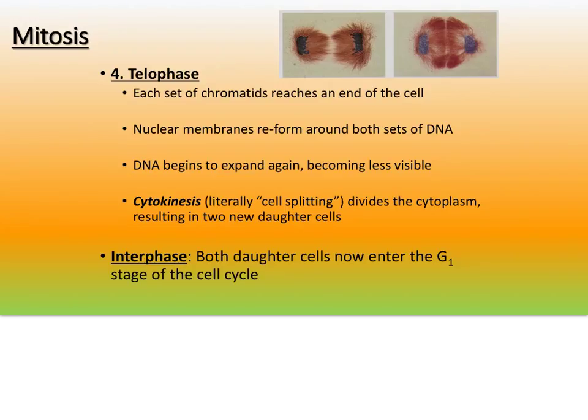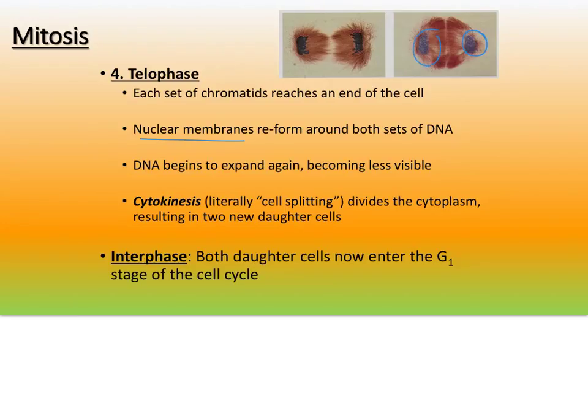Now, when our two sets of chromatids reach the poles of the cell, or opposite ends of the cell, we have reached the phase of telophase. In telophase, the chromosomes get to the ends, the nuclear membrane redevelops, so we end up with 2 nuclei in our cell.